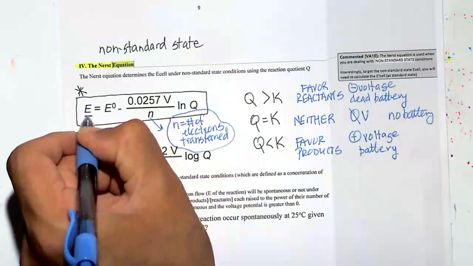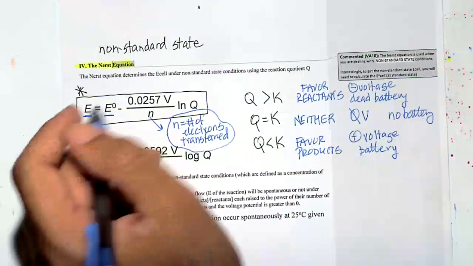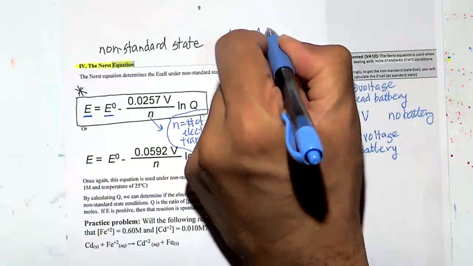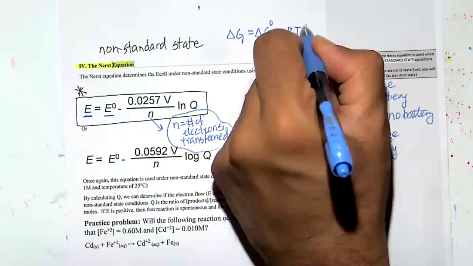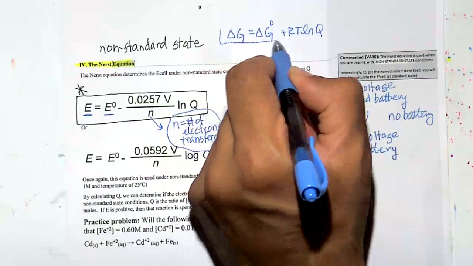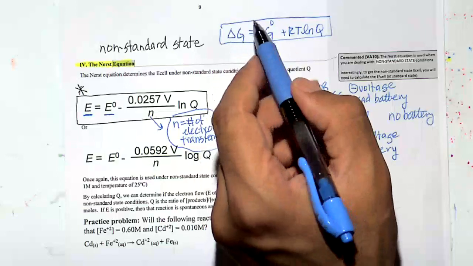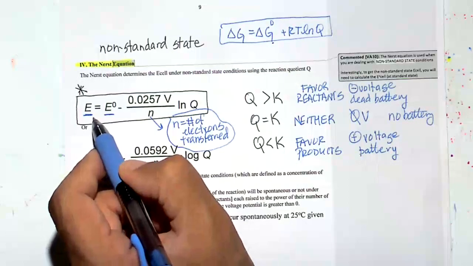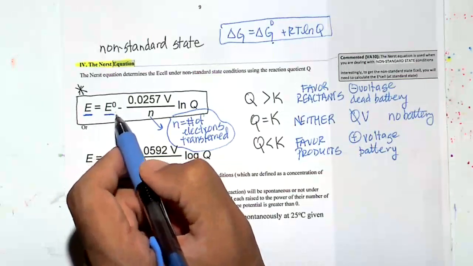You notice to get Ecell, you need Ecell at standard state. Just like remember this equation from our previous chapter: to get delta G, you need delta G at standard state. It's the same thing here. To get delta G at non-standard state, we need the delta G standard state. To get Ecell non-standard state, we need the Ecell standard state as part of our equation.